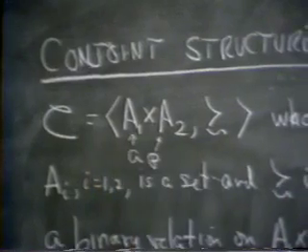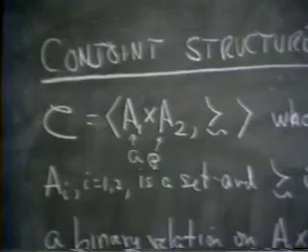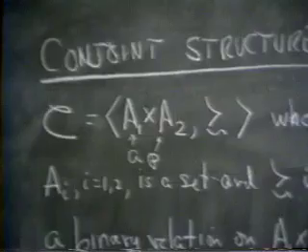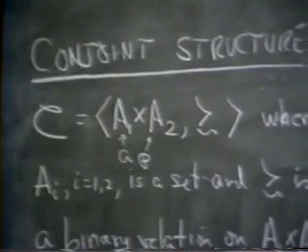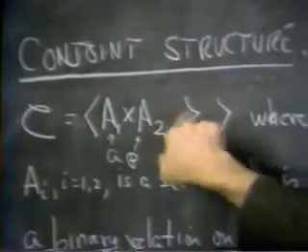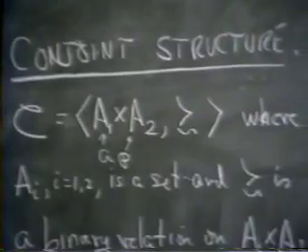I'll use the early part of the alphabet for the first component and the latter part of the alphabet for the second. And there's a binary relation, again written as a curvy inequality.